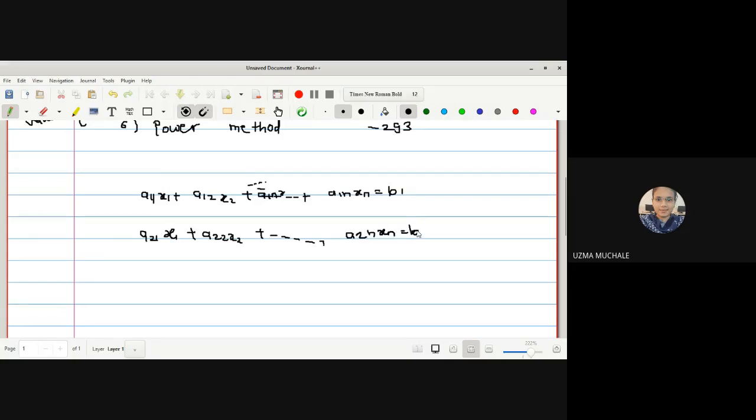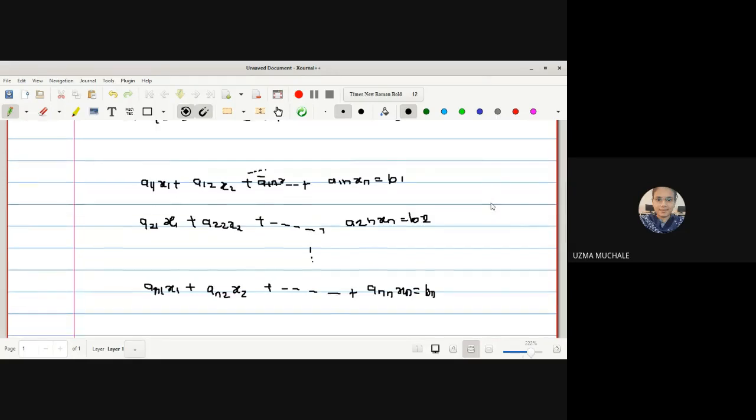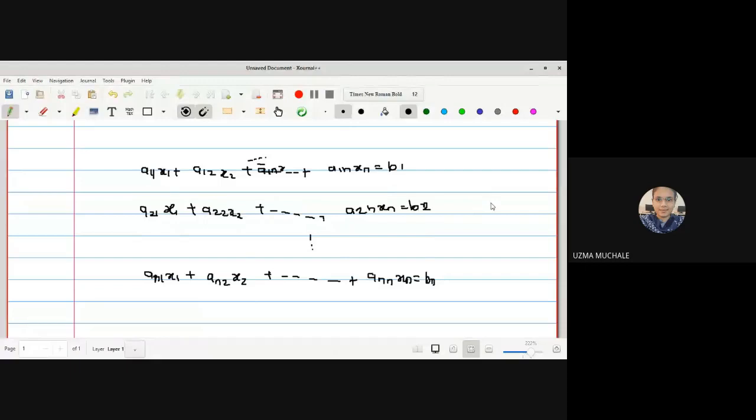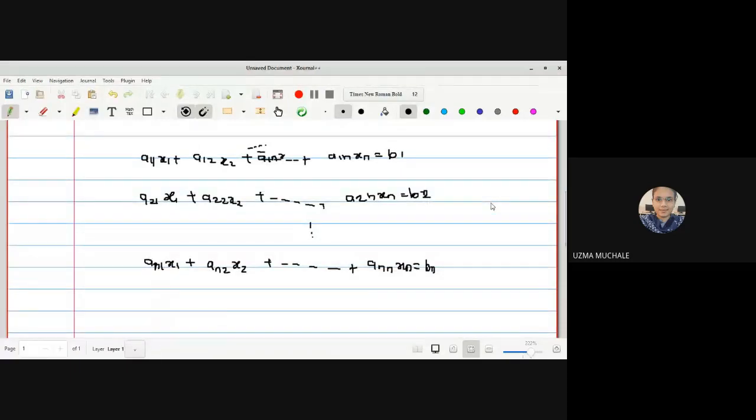In this way we can have n equations and n unknowns. That is, this is say an1 x1 plus an2 x2 plus so on. The last is ann xn is equal to bn. These are n equations in n unknowns. So now how to solve by using Gauss-Seidel method, that we are going to see in this lecture.